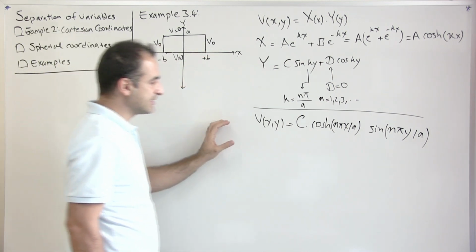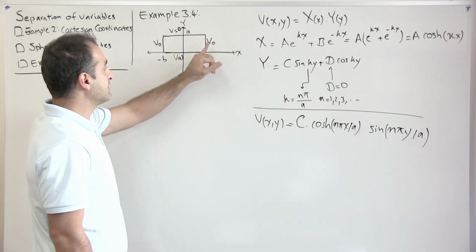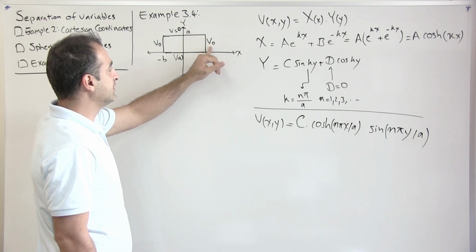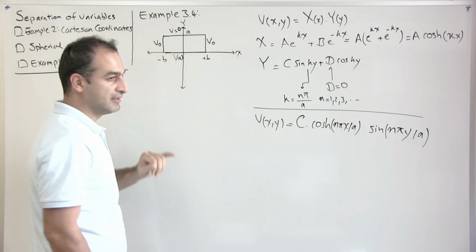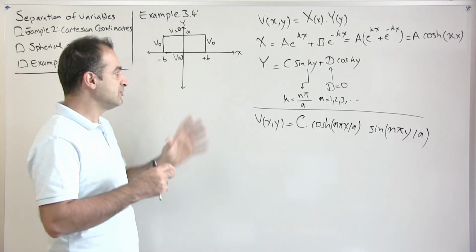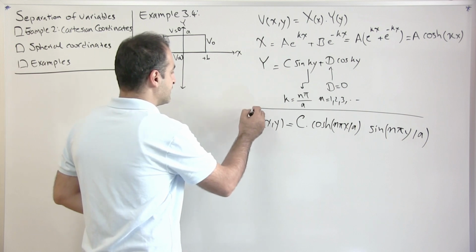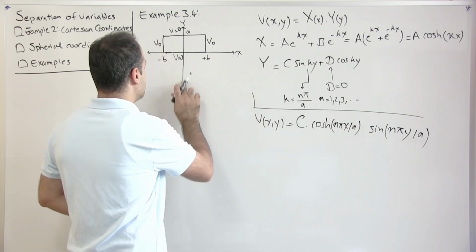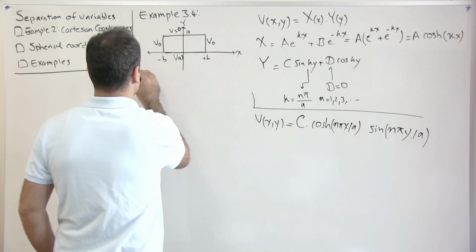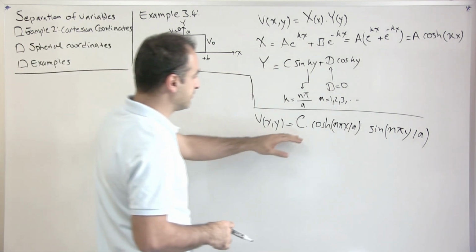The good thing is that this function is even, so if it satisfies the boundary condition on the right, it's going to satisfy the boundary condition on the left too. So we need to just look at one of them and try to fix that, and once we are done with that, we technically know what the solution of our problem is. So this is not yet complete.